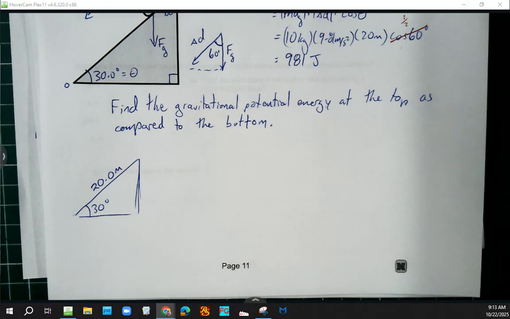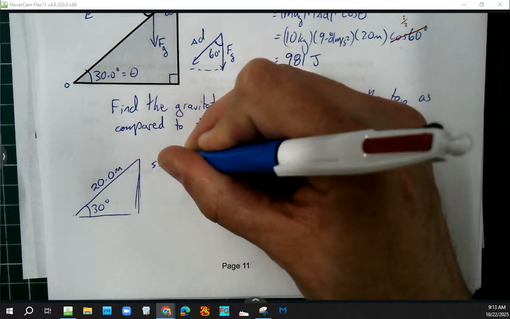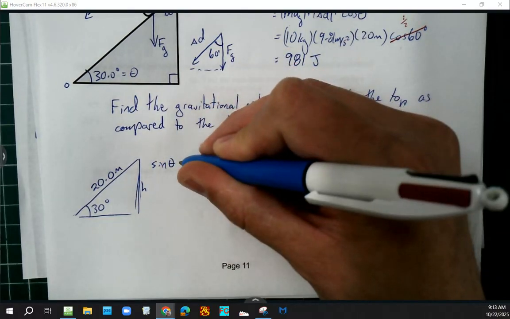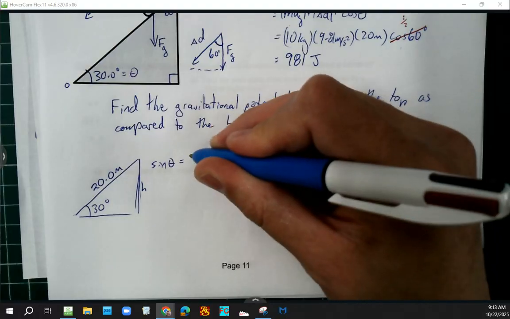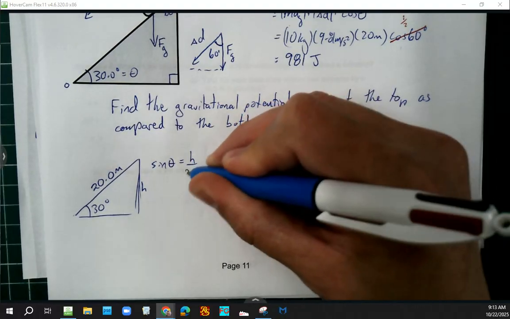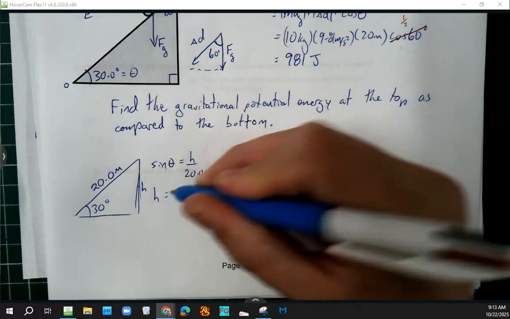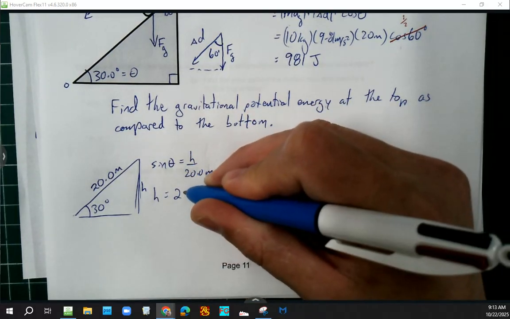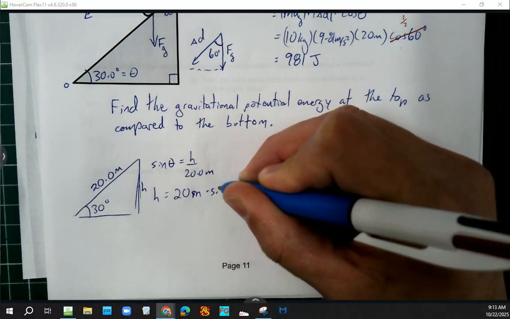Sine, seems to me. Sine of theta, if this is the height, is going to be equal to opposite over hypotenuse, height over 20.0 meters. So the height is equal to 20 meters times sine 30.